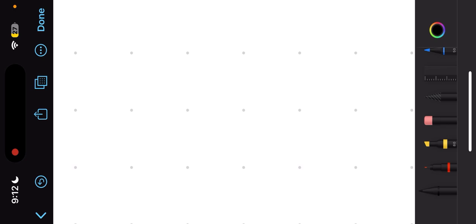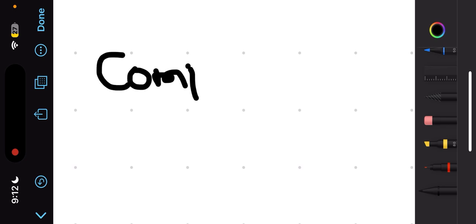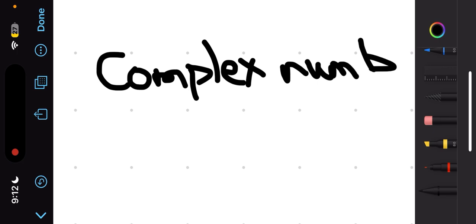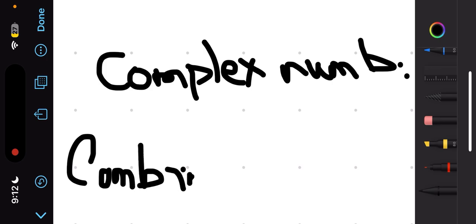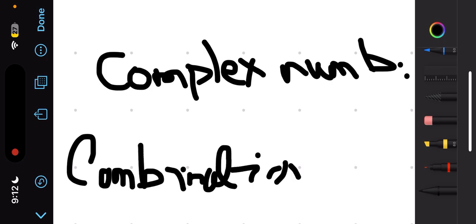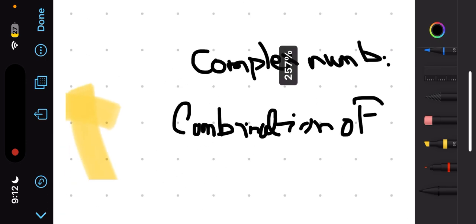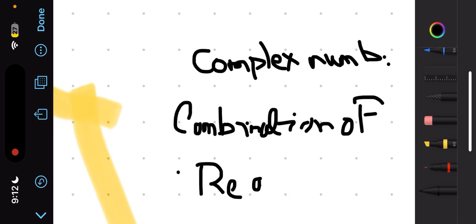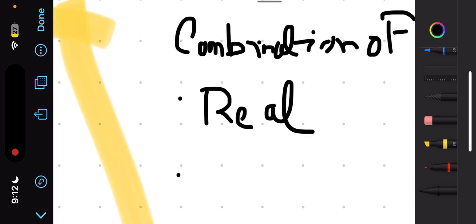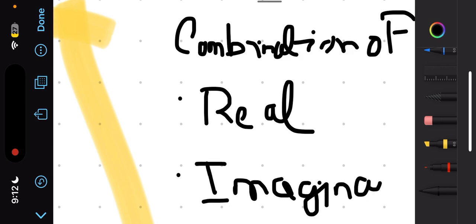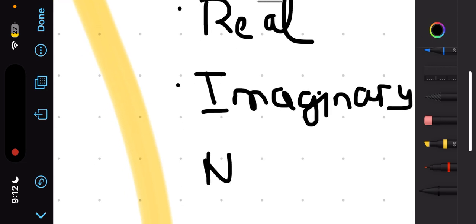We have the complex number. In simple words, a complex number is a combination of real and imaginary numbers.